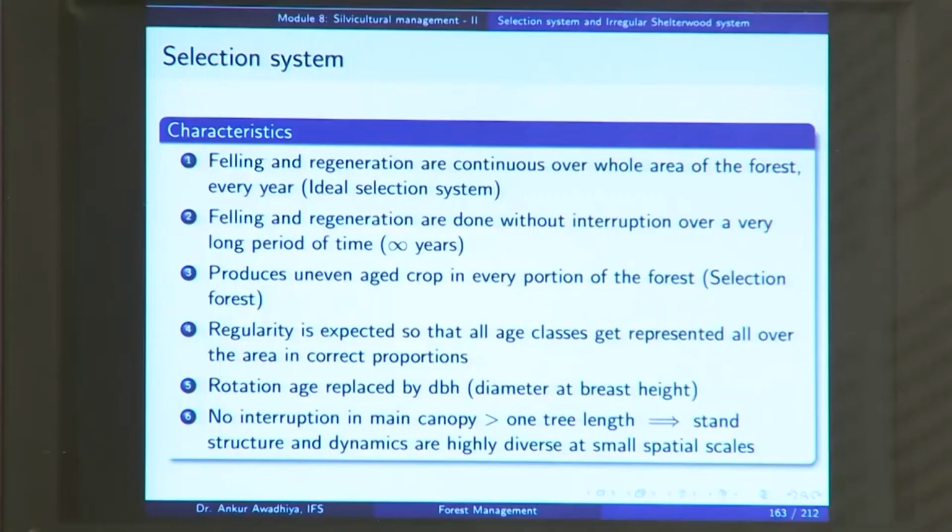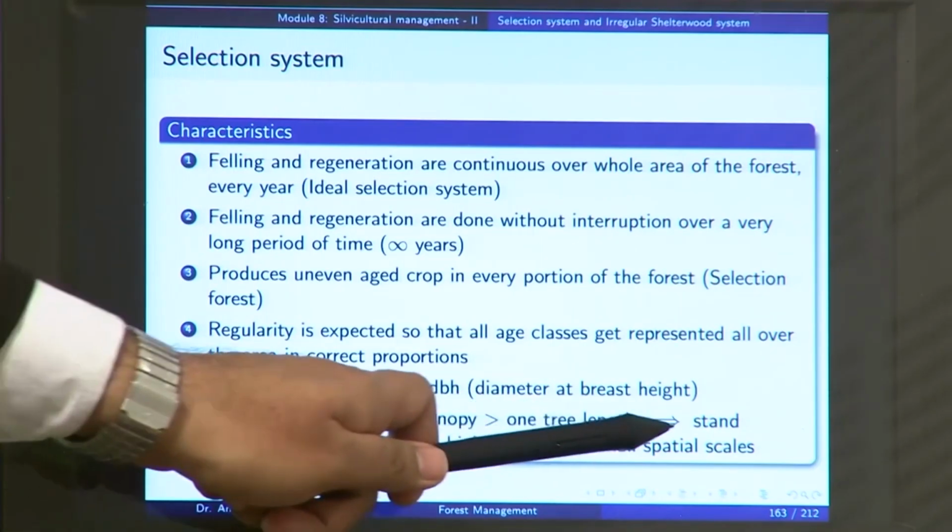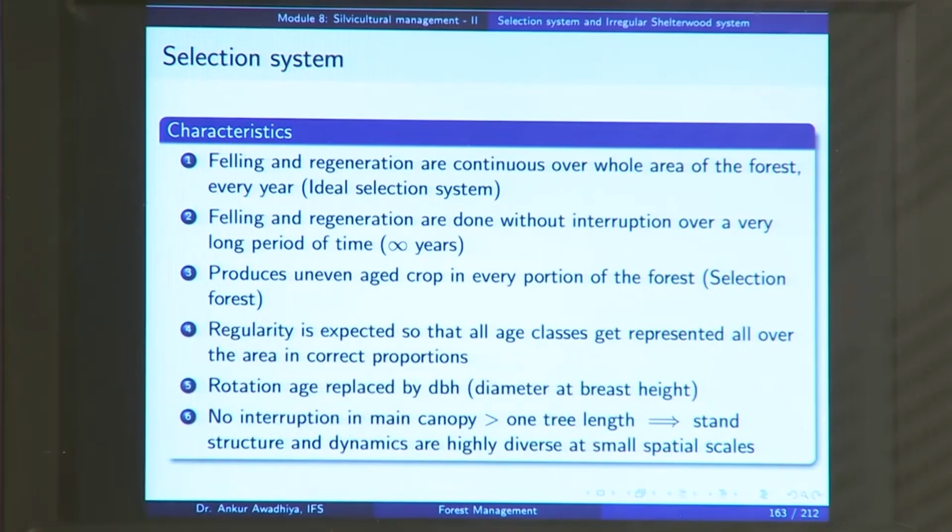So, that is your purpose to follow the selection system in forestry. So, these are the characteristics. There is no interruption in the main canopy that is greater than 1 tree length, and the stand structure and dynamics are highly diverse at small spatial scales.